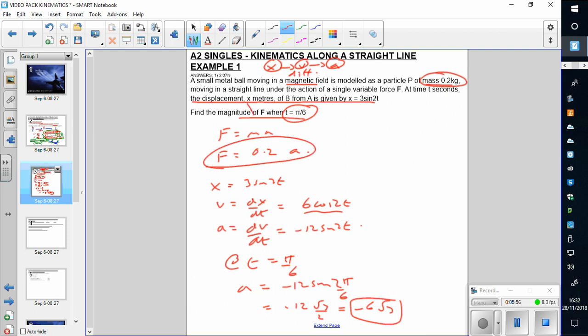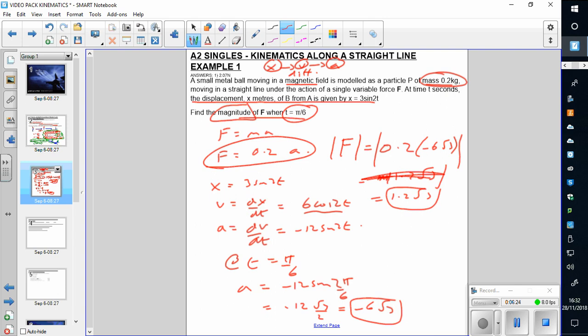Remember it says the magnitude of f, so magnitude of f has got to be positive, so 0.2 times the mod of a, which is minus 6 root 3, so the answer is minus 1.2 root 3. Sorry, not minus, because we've modded it all, just 1.2 times root 3, okay? So 1.2 root 3.